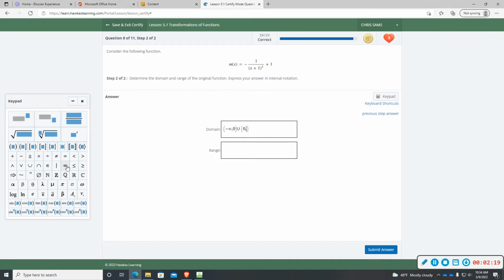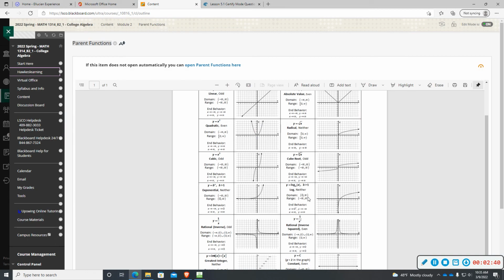I'm going to go ahead and put the range in while I'm here. It was 0 to infinity, and the 0 was not included. It should have both been in parentheses.